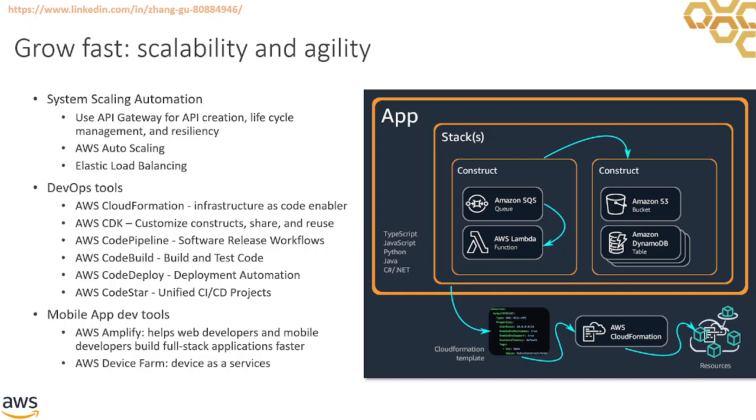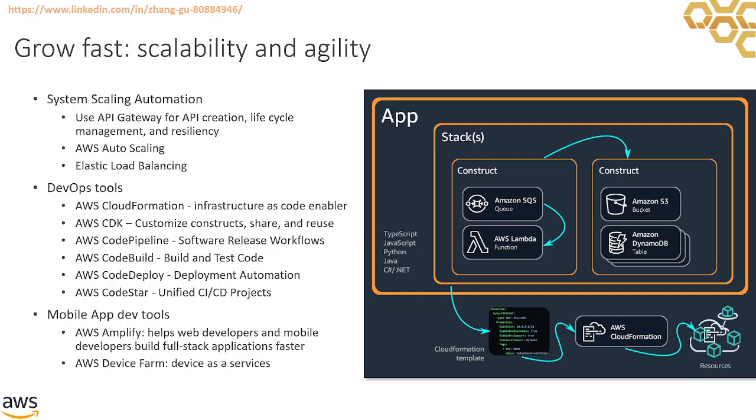It simplifies provisioning and managing infrastructure, deploying application code, automating software release, and monitoring. The AWS CDK, illustrated on the right, allows you to customize, share, and reuse constructs of cloud components.